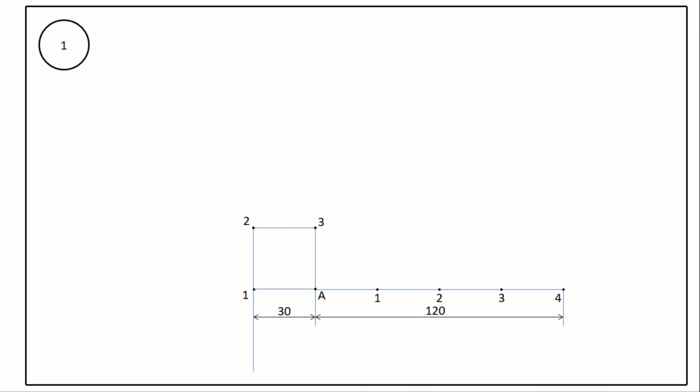Now take a compass, measure the length A1 on the horizontal line. This length measures 30 mm. Now keeping the point 1 on the square as center, draw an arc starting from the point A. This curve cuts the extended line at the point A1.